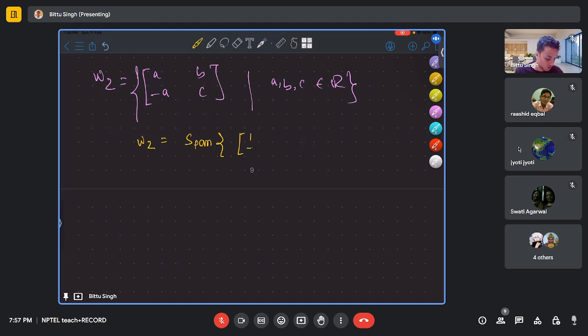Here it will be 1, here it will be minus 1, 0 0, and 0 1 0 0, 0 0 0. So the dimension of W2 is also 3. Okay.